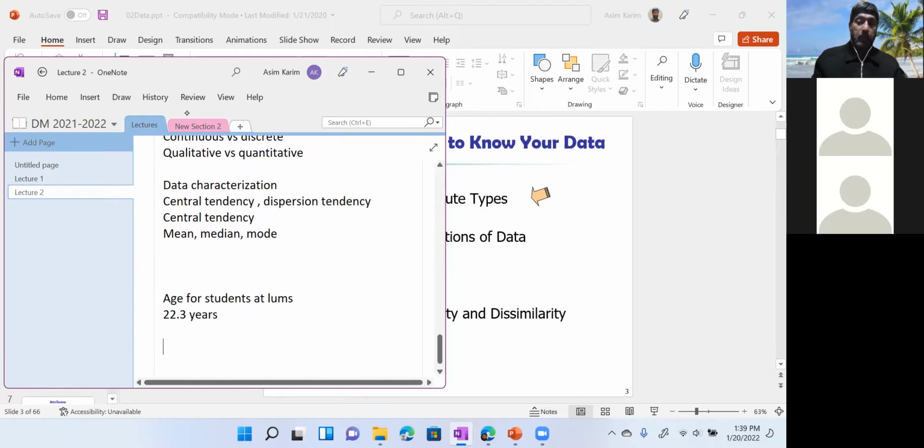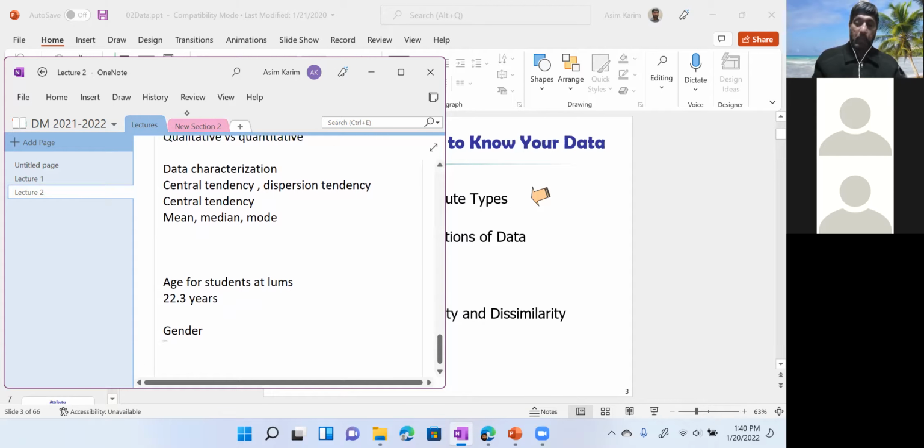Similarly, again assuming we have students at LUMS, if you say gender, gender is binary, of course nominal. So here we will compute the mode. Let's say we compute the mode, and we find that male is the most frequent.